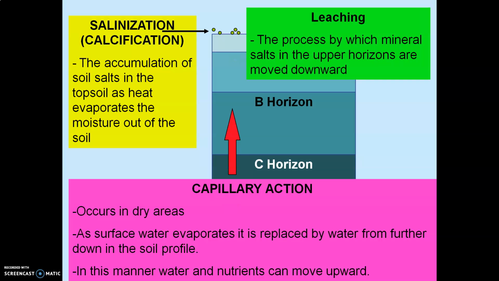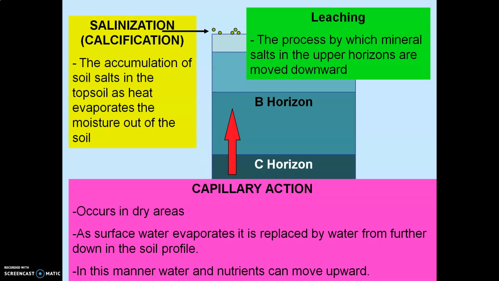And finally, there is leaching. Leaching is the exact opposite of capillary action. When it rains heavily, or if there's a lot of sand in the A horizon and it lets water through easily, then the mineral salts, the minerals themselves and the water will be able to easily move from the A horizon down to the B horizon.